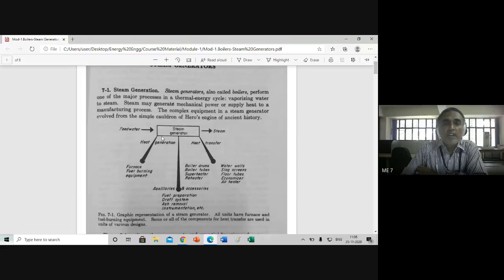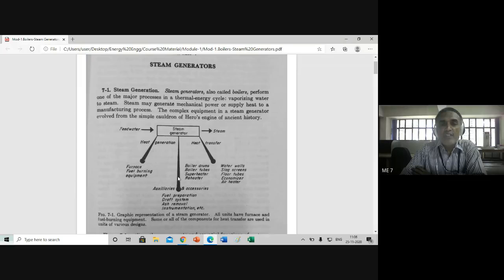If you consider this as the boiler steam generator, we supply feed water, and heat transfer will be there. Then heat generation, boiler drums, and auxiliaries and accessories will be there: ash removal, instrumentation, draft system, fuel preparation, and in the furnace, fuel burning equipment.